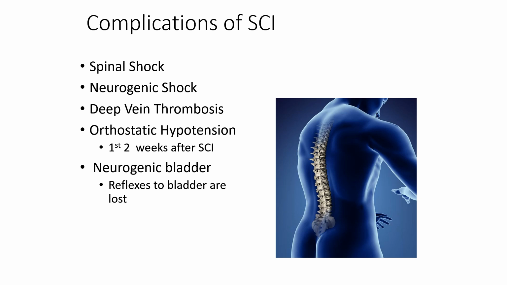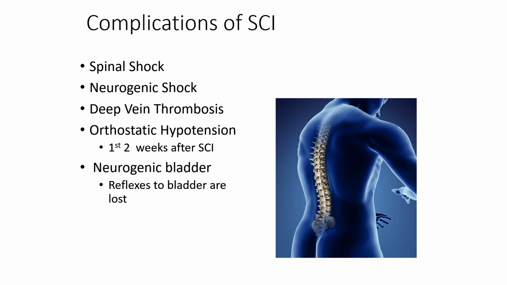Neurogenic shock, on the other hand, is more the entire nervous system being in shock. Remember, the spinal cord is the information highway from the periphery to the brain. So a disruption in the spinal cord causes disruption in the sympathetic nervous system messages being relayed.